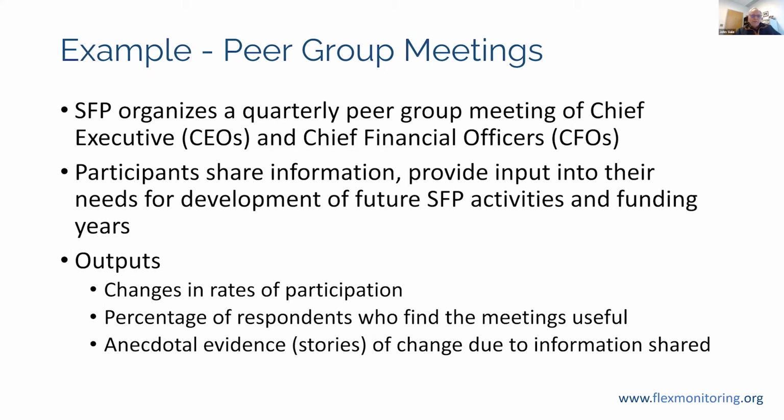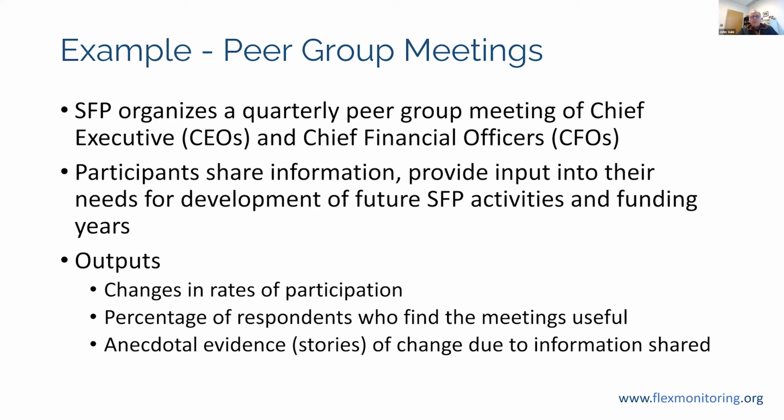So peer group meetings, this is one that so many of you do, and I think it's important because the participants find it helpful. But you may have a quarterly peer group meeting of CEOs and chief financial officers. Here in Maine, they do also peer group meetings for the nursing staff and the quality control officials, all very popular.